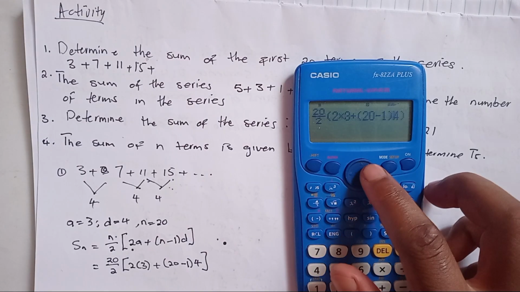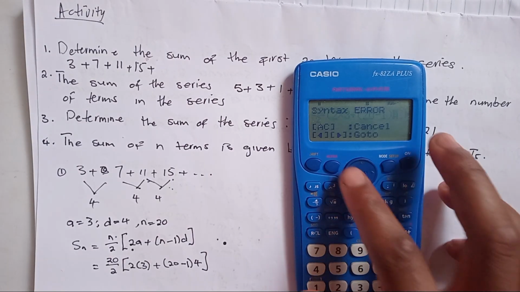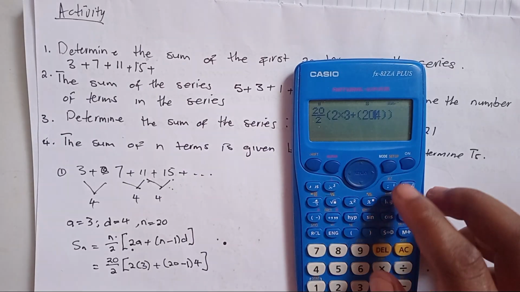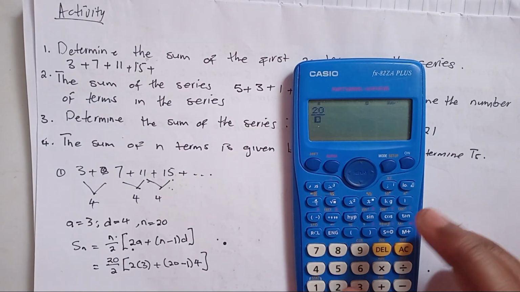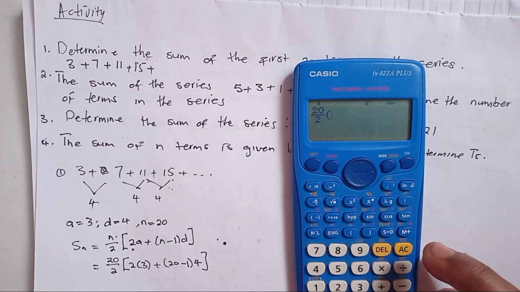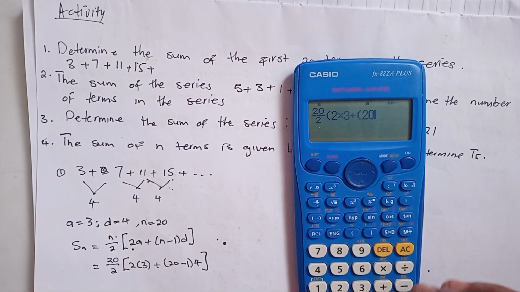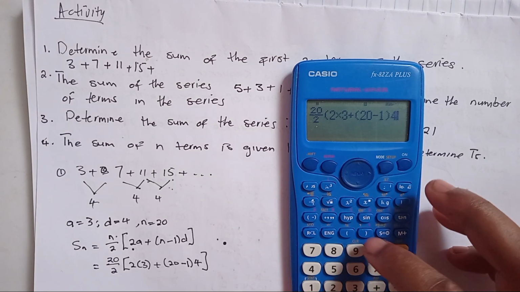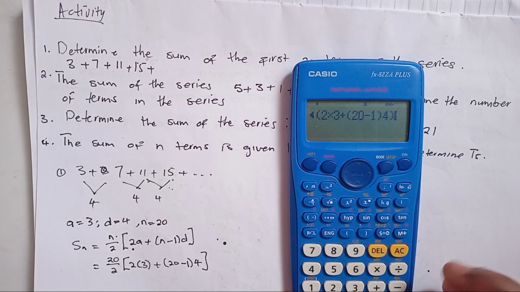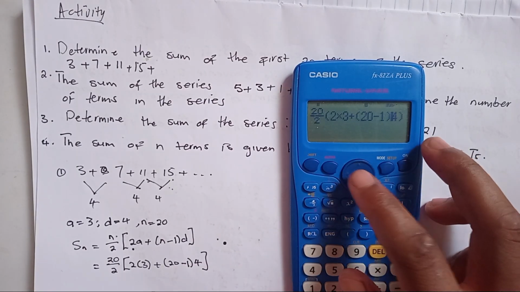Oh, we forgot to put the last bracket here. So you must always check your calculator. Let's click it right. 20 divided by 2 into 2 multiplied by 3 plus 20 minus 1, and then the difference is 4, and then we close this bracket. Oh, here is the mistake.